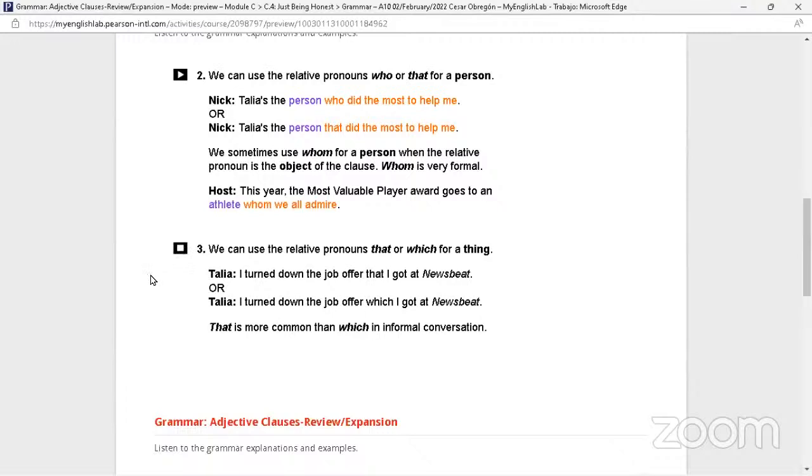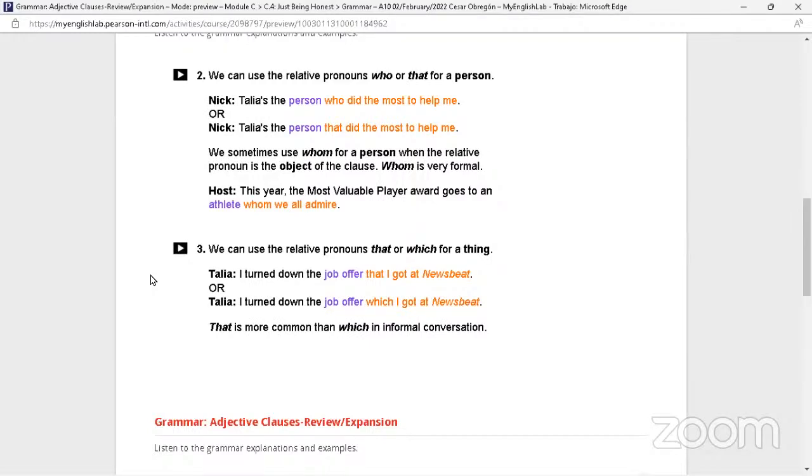Number 3. We can use the relative pronouns that or which for a thing. I turned down the job offer that I got at Newsbeat. Or I turned down the job offer which I got at Newsbeat. That is more common than which in informal conversation.